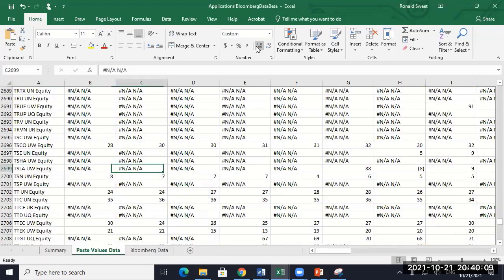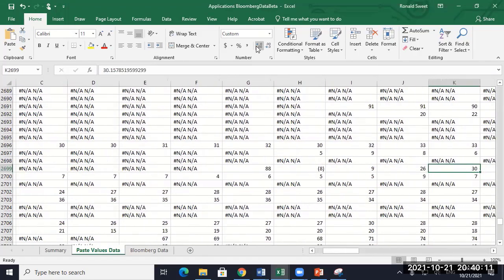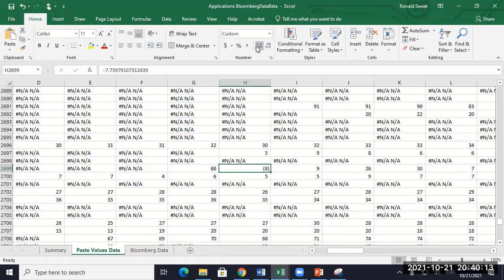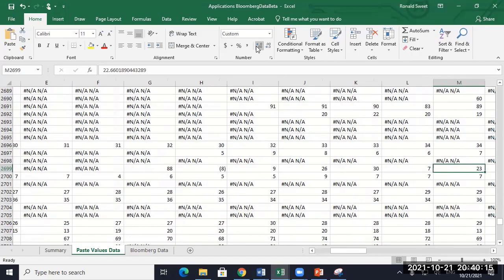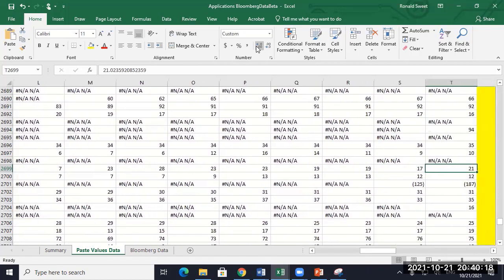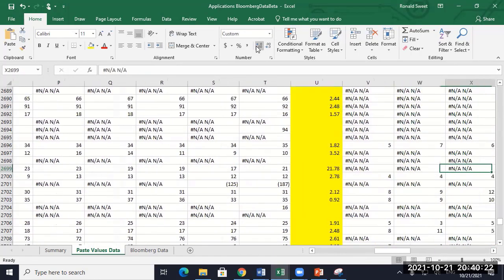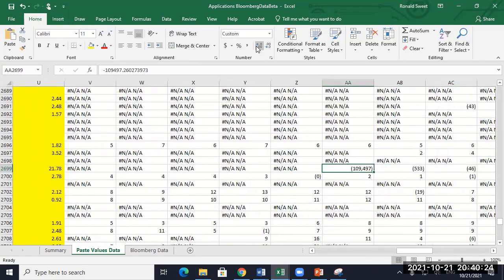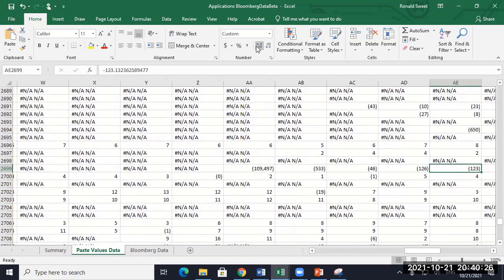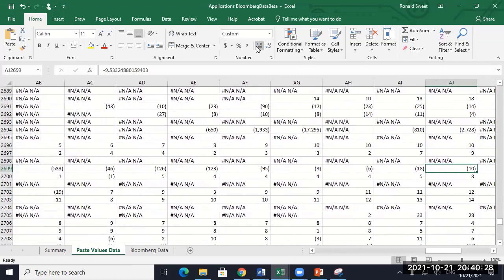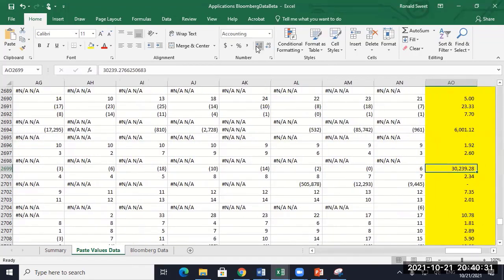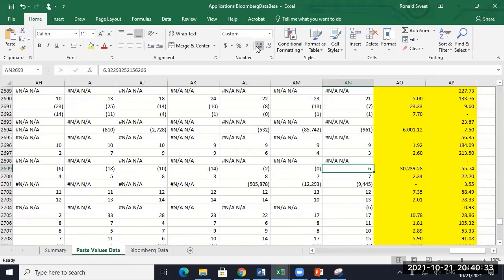a Tesla, here's their gross margin: 88%, negative 8%, 26, 37. They're starting to get a little more stable, but not all that much. Still pretty volatile, but their net margin, I don't even know what that number is. Wow, they got a positive number, 6%.